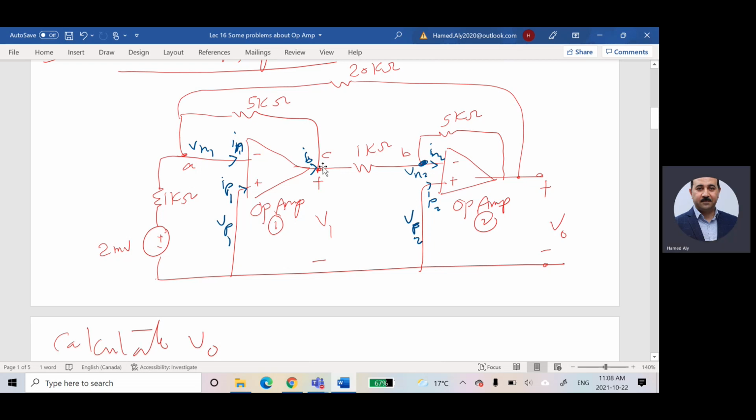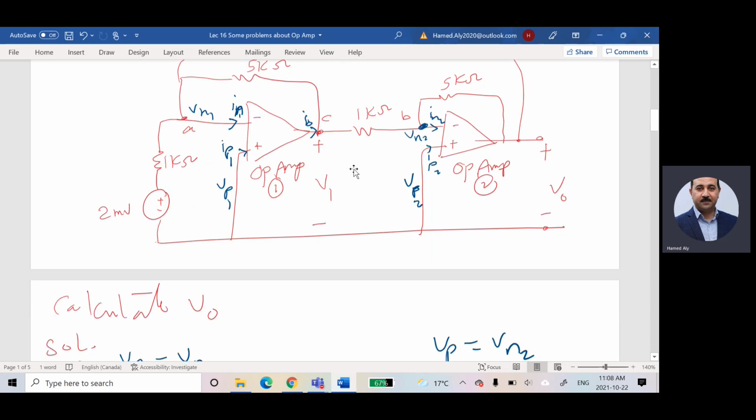So this current is equal to this current and this current. Is it right? So I can say IO is equal to this voltage minus this voltage divided by 5. This voltage is V1 minus 0 divided by 5 kilo plus V1 minus 0 divided by 1 kilo.